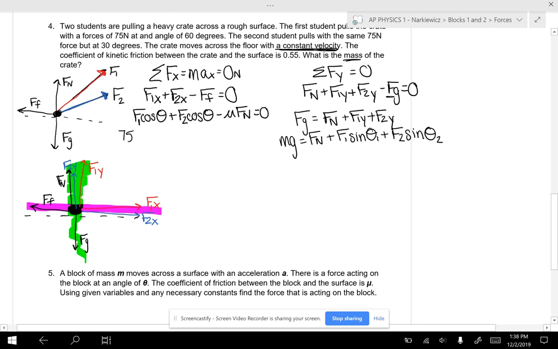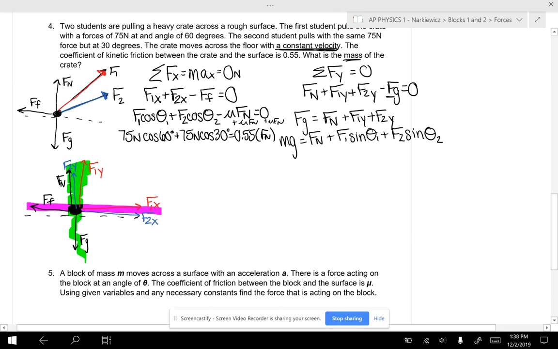So 75 newtons, these should have a 1 and a 2, cosine 60 plus 75 newtons cosine 30 equals the mu value 0.55. I'm looking for Fn, so I just added the mu Fn to both sides so I can solve for the normal force a little bit easier.